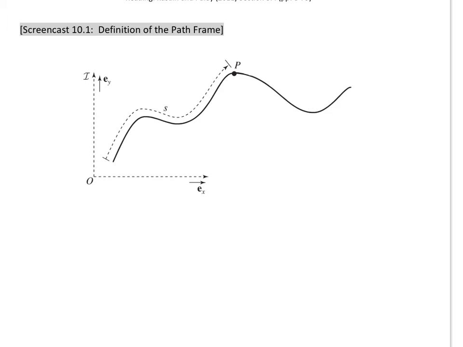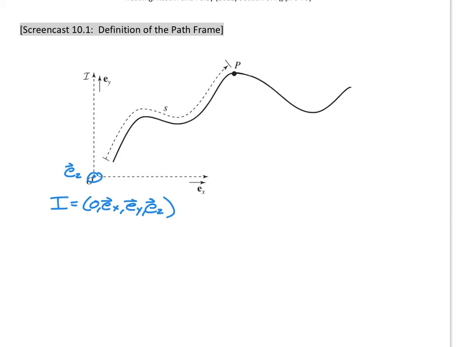We'll start by defining our reference frames. We'll have an inertial reference frame, and then we'll define the path frame. In this example, our inertial reference frame is already given to us, in which we have an origin O for our inertial reference frame, and we have the basis vectors Ex, Ey, and then we need to add a vector Ez.